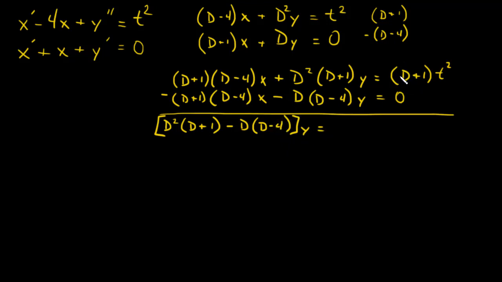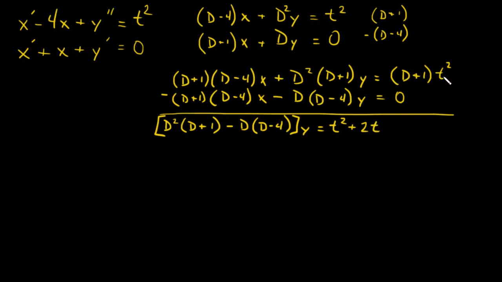This is a differential operator. So what is the derivative of t squared? Absolutely, it is 2t. And then 1 times t squared is t squared. So this winds up equaling t squared plus 2t.